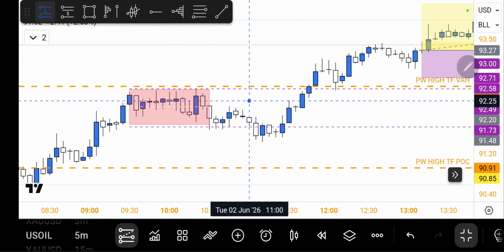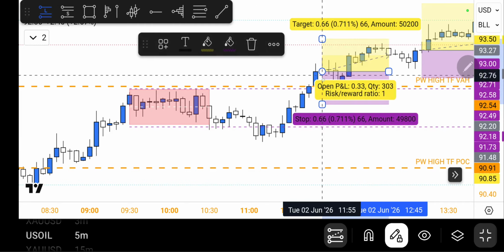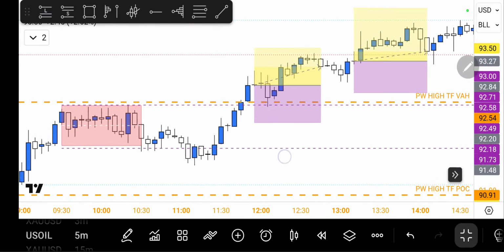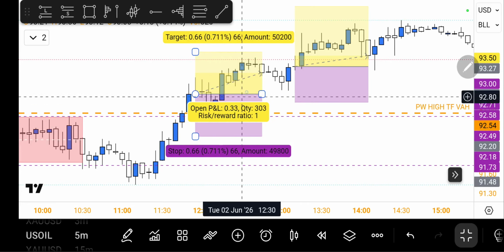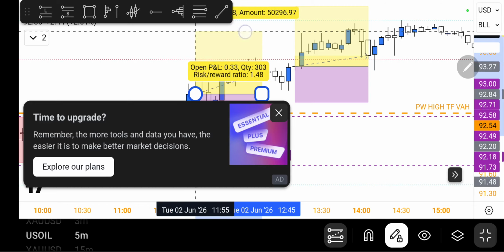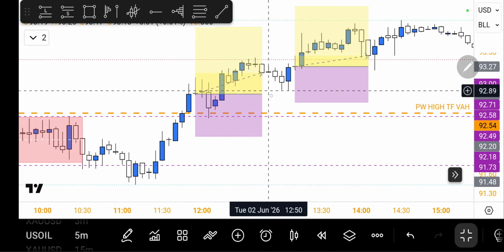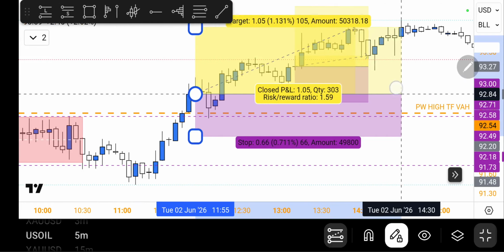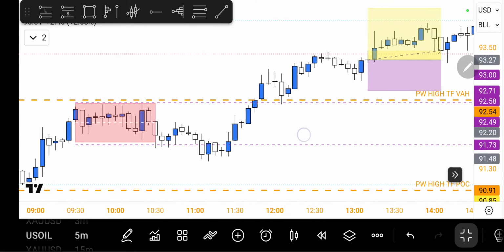So some would take it on this because that's the first breakout, right? Yes, that would have been a winner, but 90% of the time, 1 to 1 or 1 to 2, any which way you want to take it, it would have worked out on this trade, right? But for me, there's something different I do.